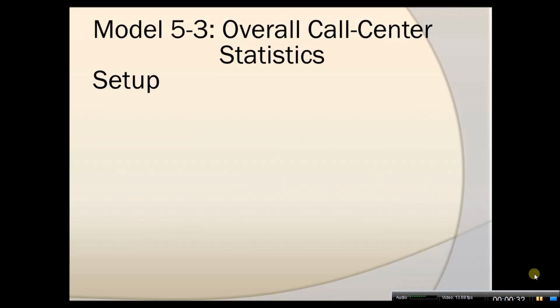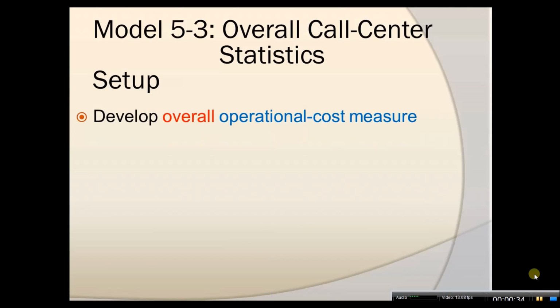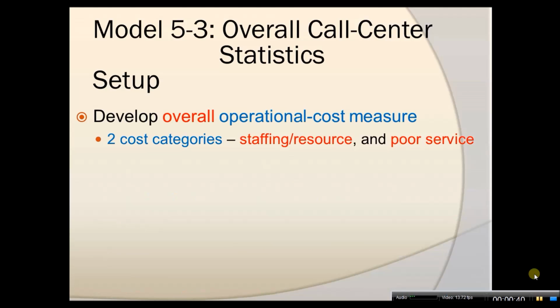So the setup for this will include developing an overall operational cost measure, and this cost measure will consist of two cost categories. As you think about it, they're complementary, and there is often a trade-off between the two.